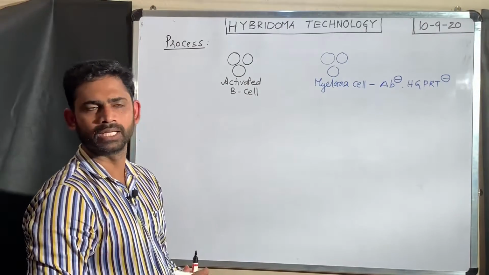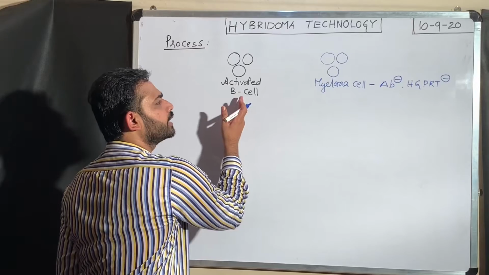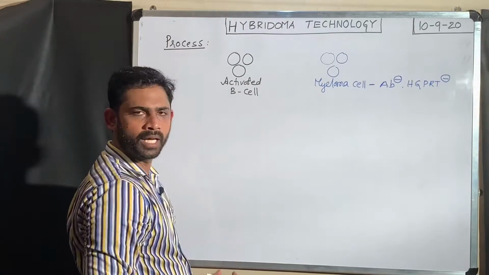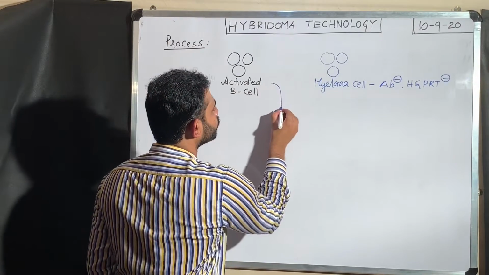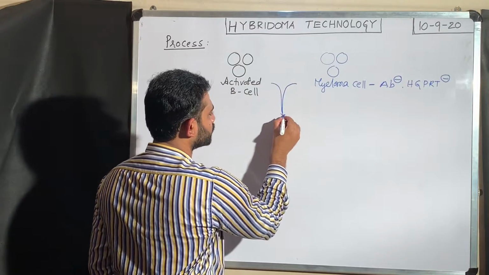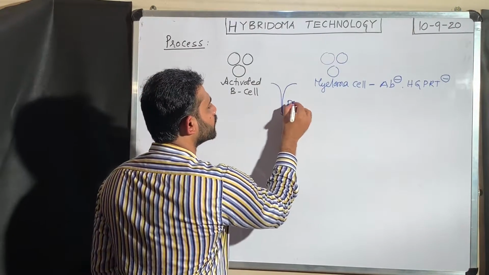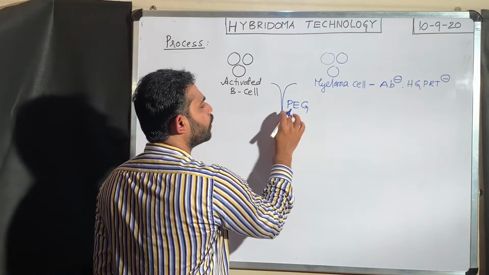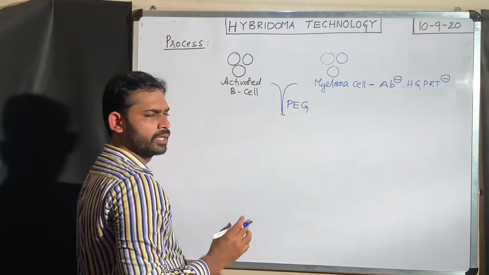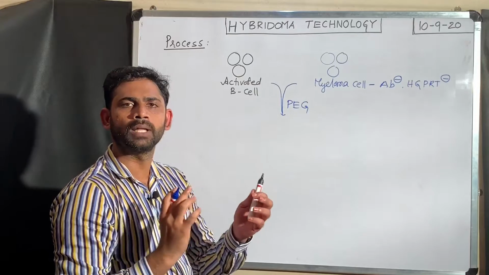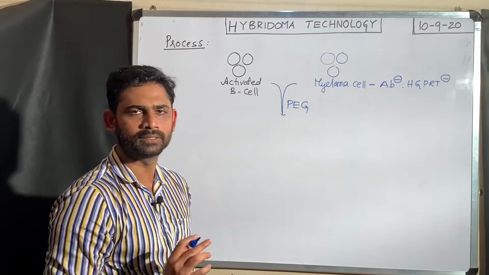Already we know that information. This activated B cell and double mutant myeloma cell are going to fuse with the help of a fusogen, PEG, polyethylene glycol, which is responsible for the fusion of the plasma membrane of the different cells.